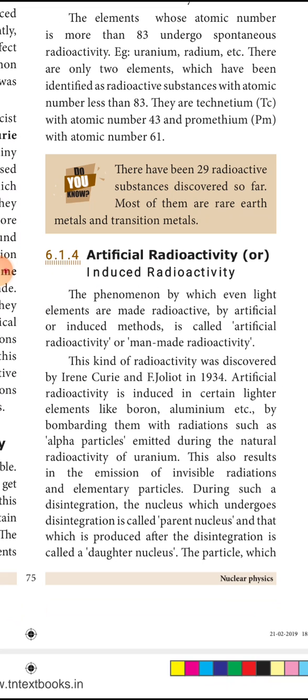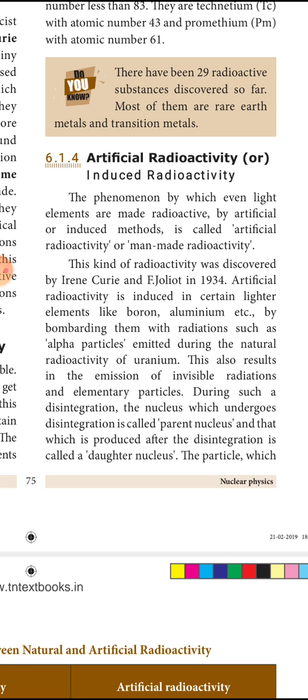When the nucleus is splitting into 2 or 3, or by emitting particles, the nuclear mass of the atom will change, so it will be converted into some other atom. That atom is called the daughter nucleus.